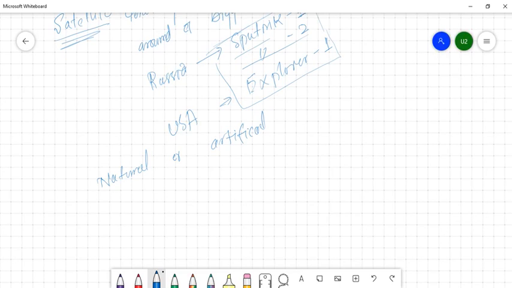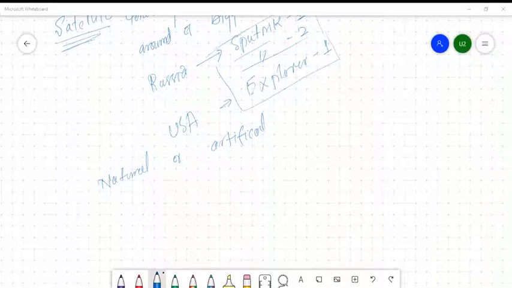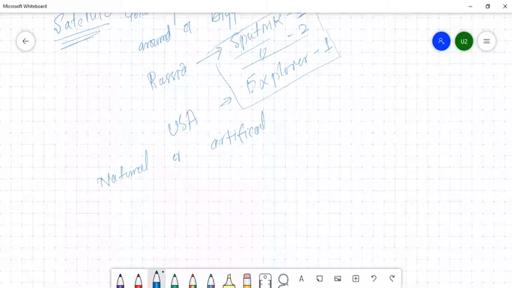Any device which revolves around any celestial body in a curved path is called a satellite, but it is man-made. Earth is also a kind of satellite because it revolves around the sun in a curved path, so it is also a natural satellite. Okay.